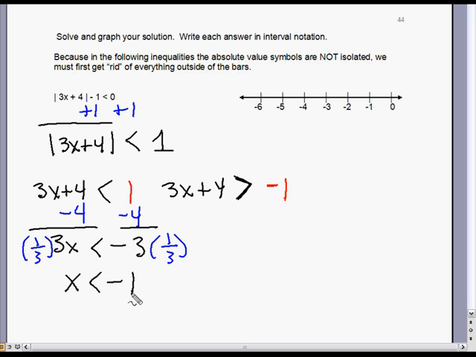Now that's only half of our answer. The other half comes from this inequality, where we also must isolate x, adding a -4 to both sides of that inequality. We have 3x is greater than -5, and continuing to get x alone, multiplying both sides of the equation by 1/3 again.